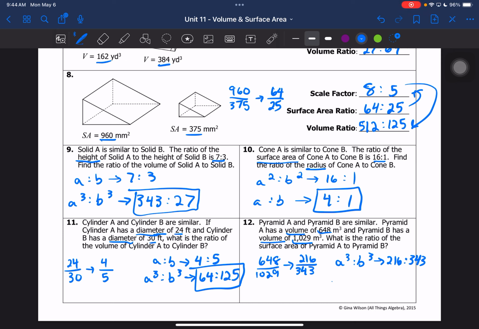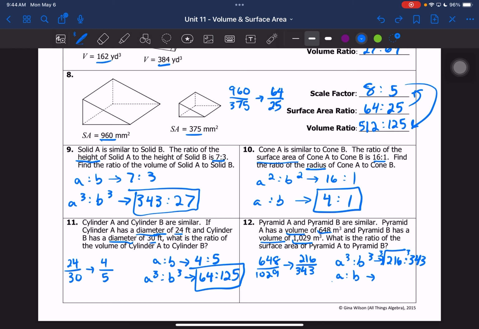And we want to know what is the ratio of the surface area. So if you have the volume ratio and you want to find the ratio of the surface area, similar to what we were doing in these types of problems, first you have to find what the scale factor is. So we have to find what our A to B would be. So I have to take the cube root of each of these, like that.